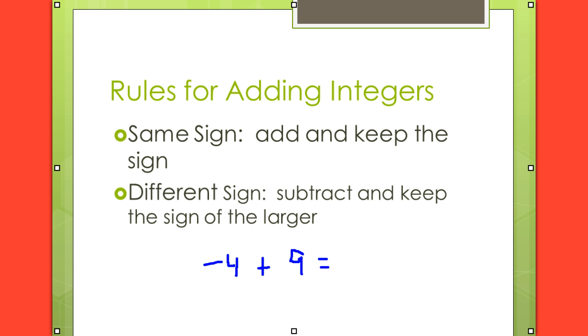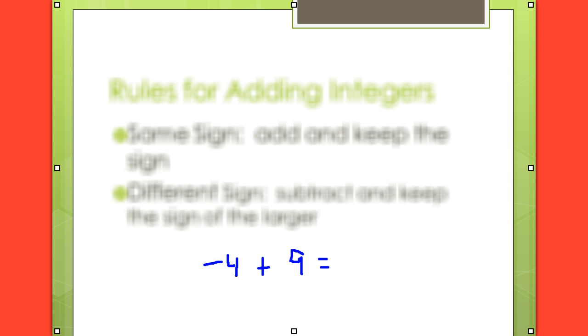Here is my example of when we have different signs. We're still adding integers, but note I have a negative 4 plus a positive 9. The first thing it tells me is to subtract and keep the sign of the larger. Well, 9 has a bigger absolute value than negative 4, so after I do my subtraction, my answer is going to be positive. 9 minus 4, you should remember from elementary school, is simply 5.